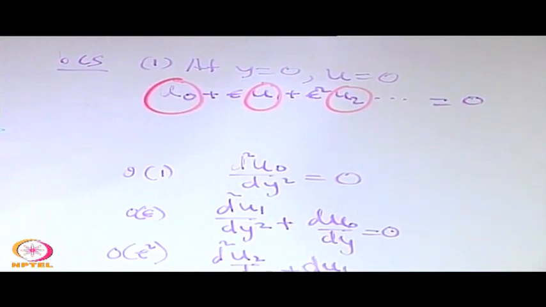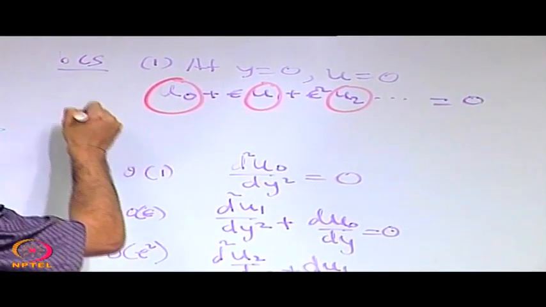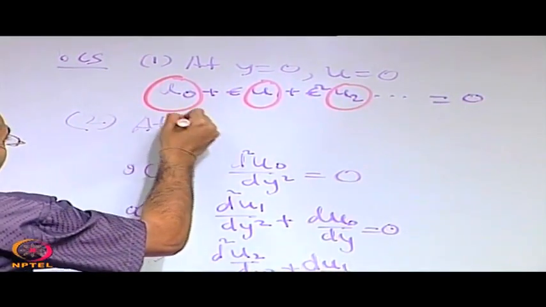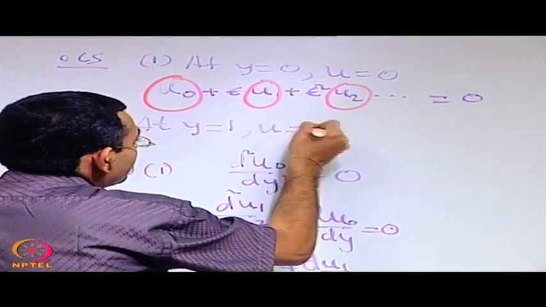What is the other boundary condition? Second boundary condition, this is a non-dimensional y, remember. So at y equal to 1, what is u? U equal to 1, non-dimensional.